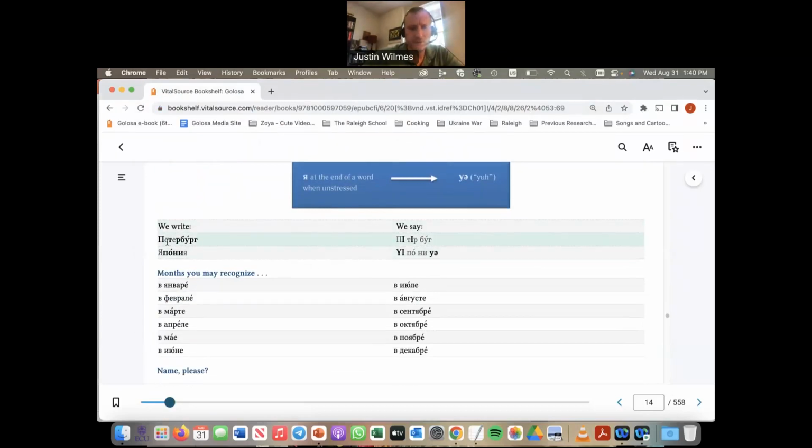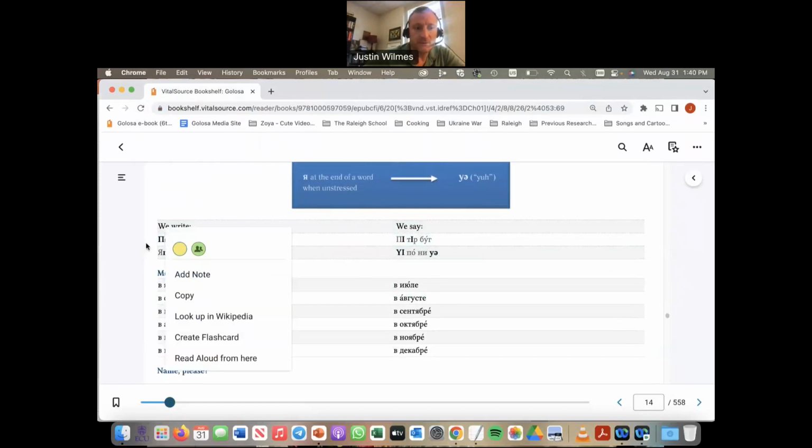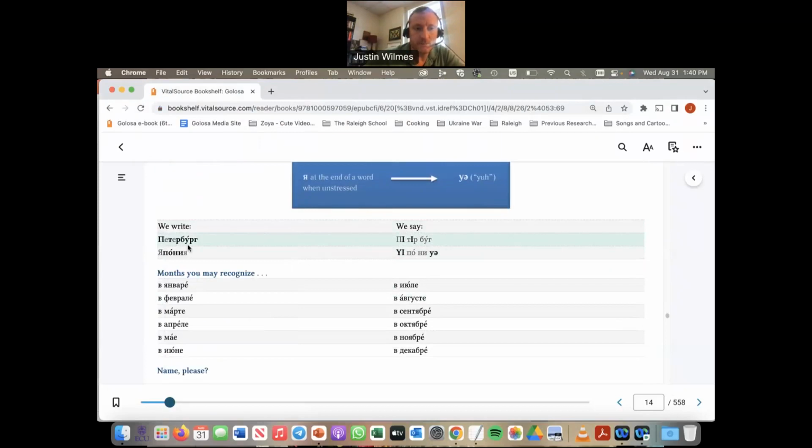How about these examples? Peterburg. So it's not actually, as you might assume, Pyeterburg. These ye's get reduced to an E. So Piterburg. The word for Japan, Yaponiya.